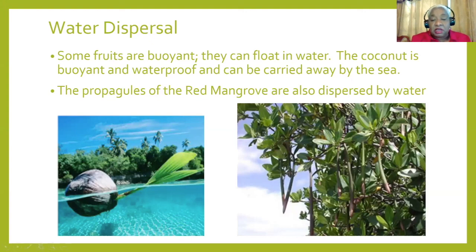The propagules of the red mangrove are also dispersed by the water. Now, propagules aren't strictly seeds. They're more seedlings than seeds, because the seed starts to develop on the tree before it's released. But they are dispersed by water.